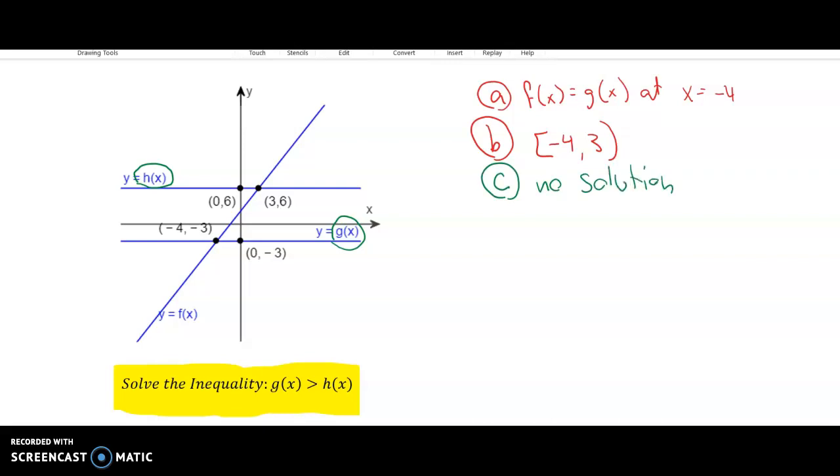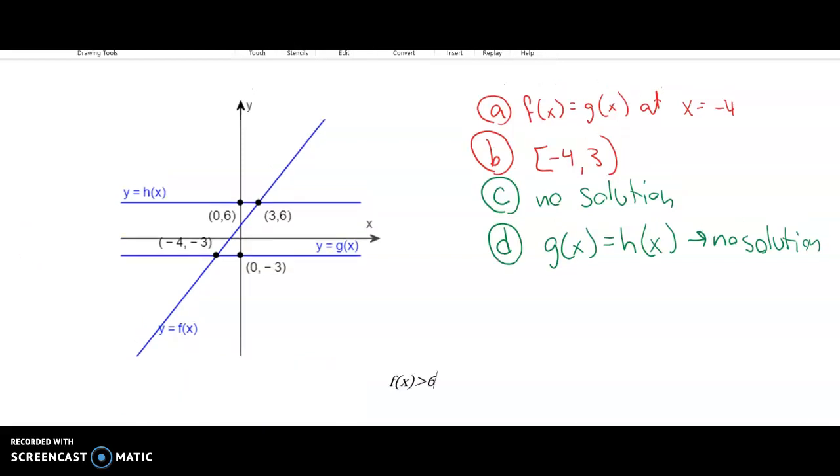It never happens. How about where is g of x equal to h of x? There's no solution to that too. How do I know there's no solution? These lines are parallel. They never touch each other. They never intersect, so they will not have a solution.